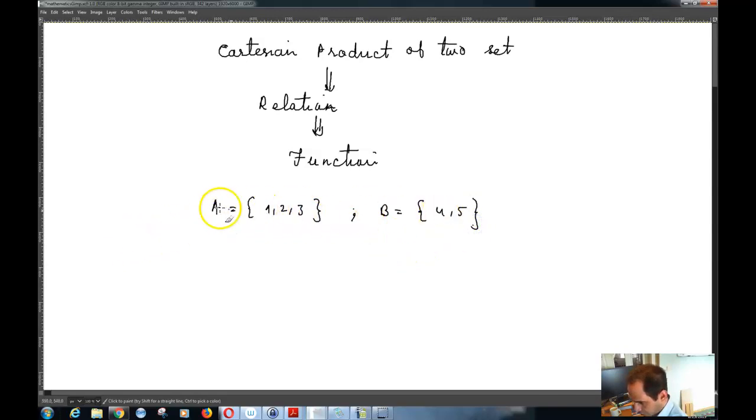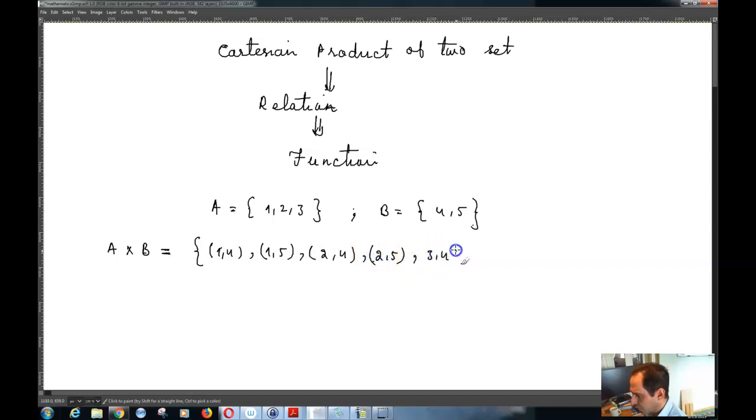The Cartesian product of these two sets was A times B, which was a set containing these ordered pairs of, for example, 1, 4, 1, 5, and we had 2, 4, and then 2, 5, 3, 4, and 3, 5. This is the Cartesian product of these two sets.